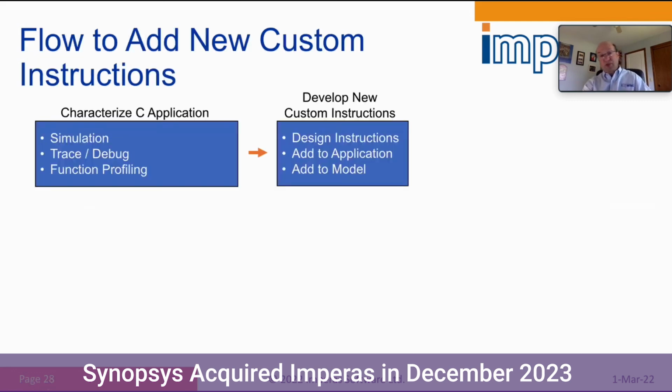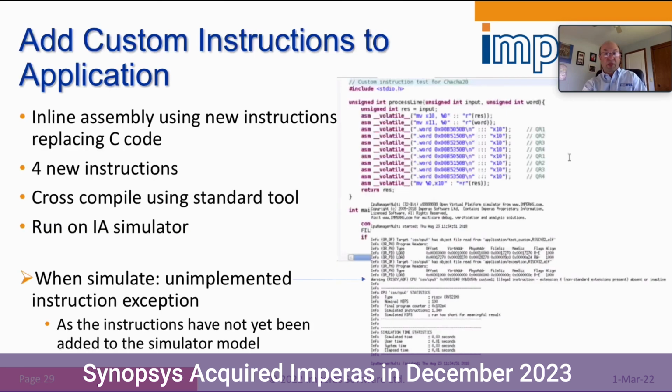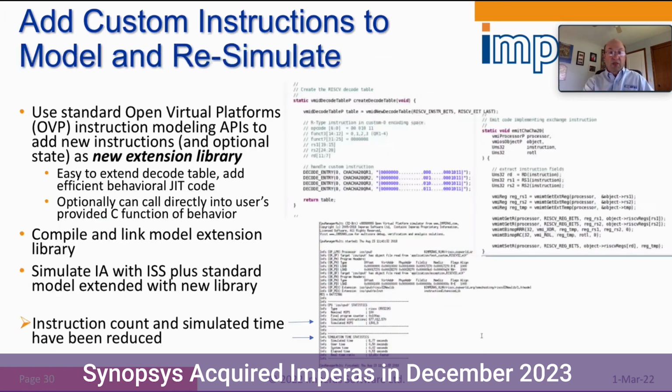To do that, we're going to develop new custom instructions, add those to the application, to the model. If we add those just to the application, when we simulate, we get an unimplemented instruction exception because we haven't added the instructions to the model. So we go and do that, and we resimulate.